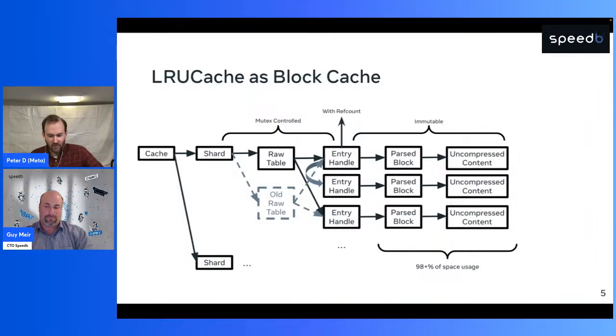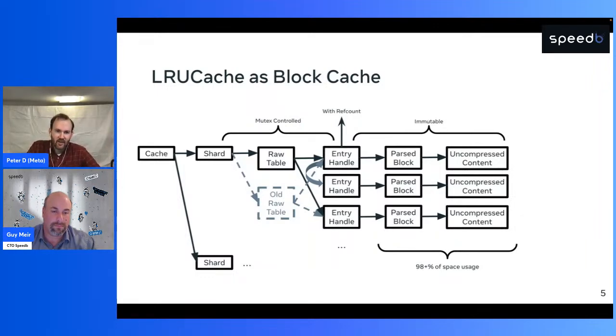When you start to do a lookup and you figure out which shard this entry belongs to, at that point you have to lock the mutex even before you index into the hash table, because the LRU cache is like a normal hash table in the sense that once it gets too full, it will double in size to make room for more entries without the performance falling apart.